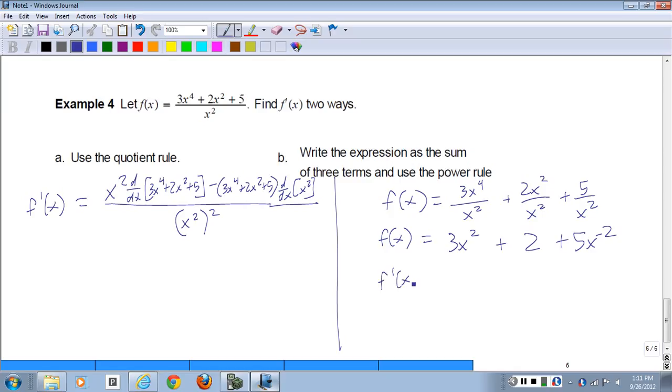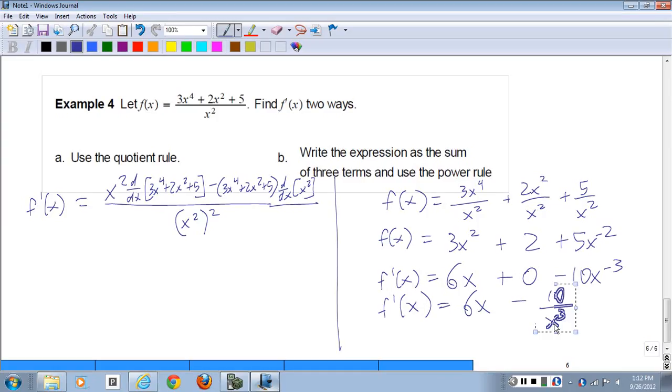F prime of x equals 6x plus 0 minus 10x to the negative 3. And then it just depends on how much more we want to do. Do we like negative exponents? Maybe we don't. If we don't like negative exponents, then it's 6x minus 10 over x cubed.